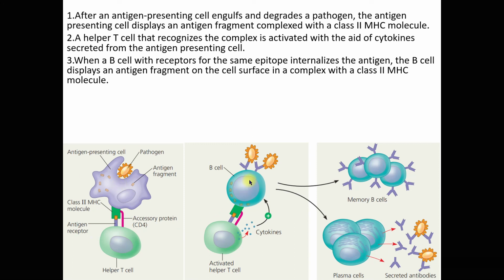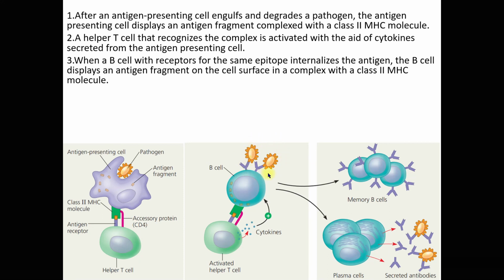Okay, so when a B cell with receptors for the same epitope internalizes the antigen, the B cell displays an antigen fragment on the cell surface in a complex with a class 2 MHC molecule. So meaning to say, for the B cell to be activated, the same like earlier, this B cell must fulfil two conditions. First, the B cell must bind with that antigen.